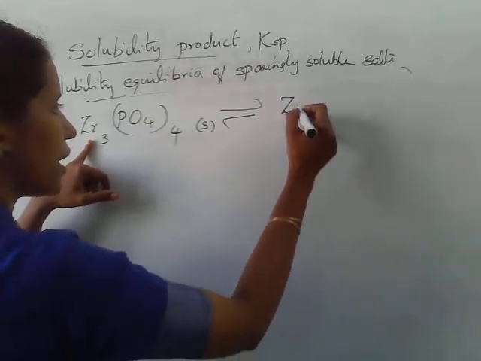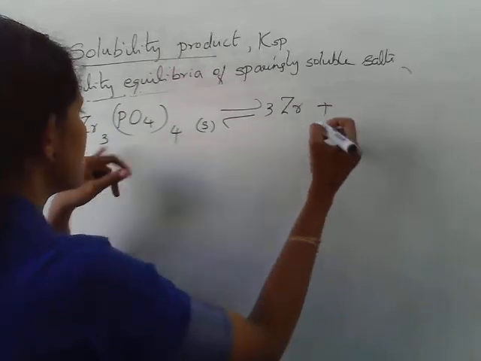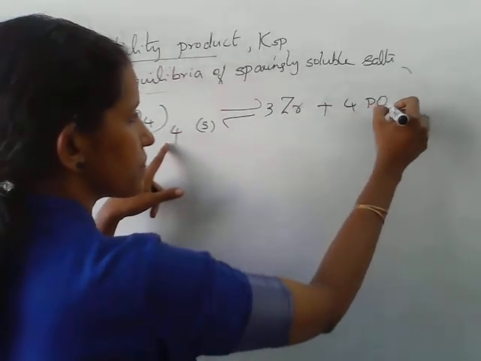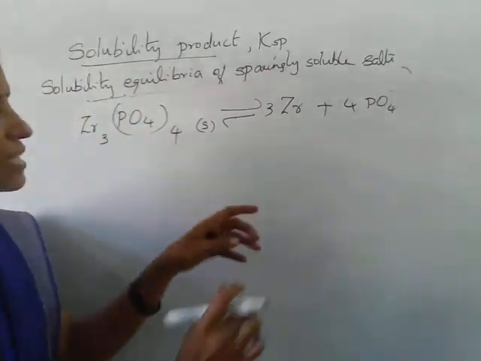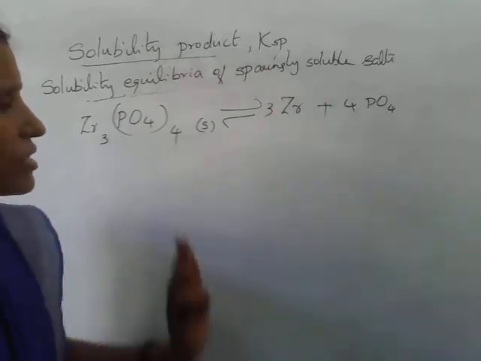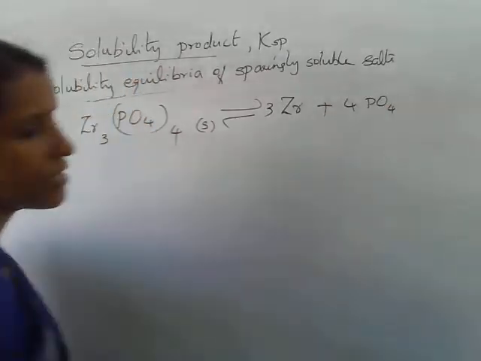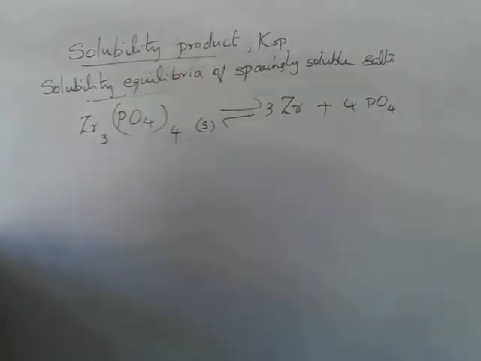How many zirconium ions will be there? 3 zirconium ions plus 4 phosphate ions. I have not written the charge on these ions, in order to avoid confusion with these numbers. Zirconium is the positive ion, phosphate is the negative ion.